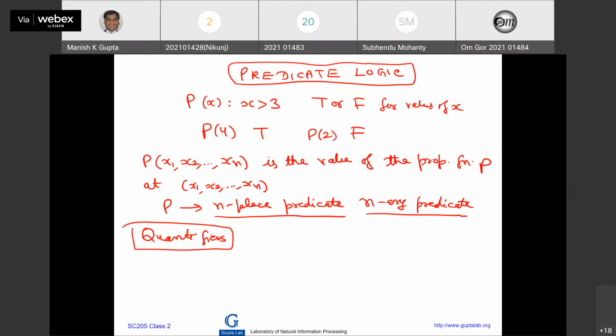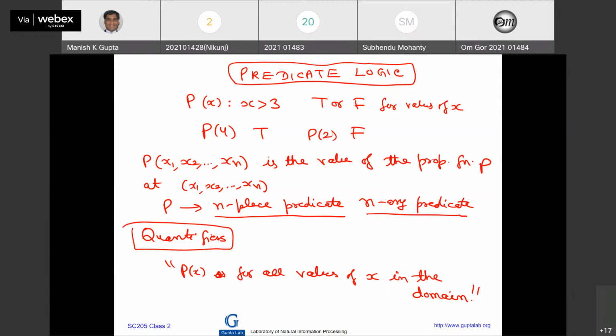So quantifiers actually tell you that the expression is true for what range, right? For what range actually. So there is a universal quantifier. For example, if I say that P(x) holds for all values of x in the domain.